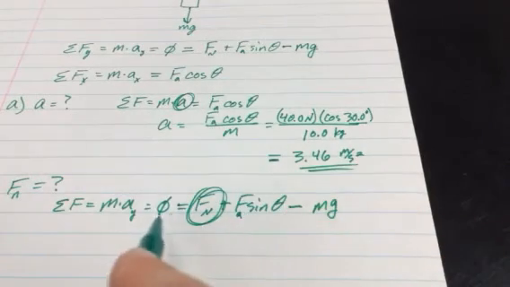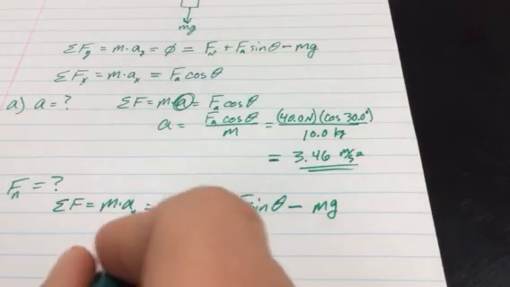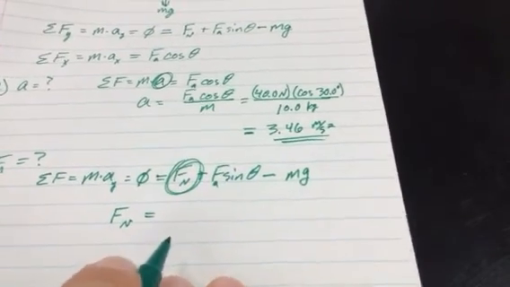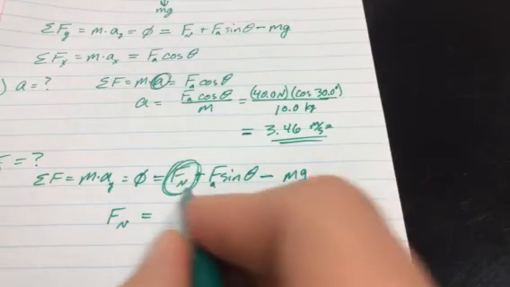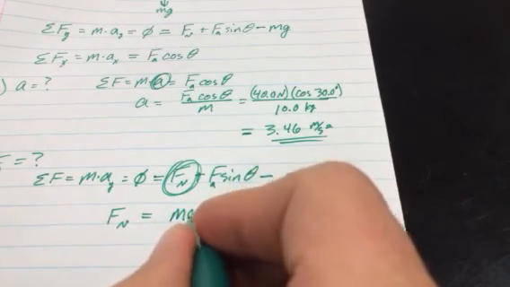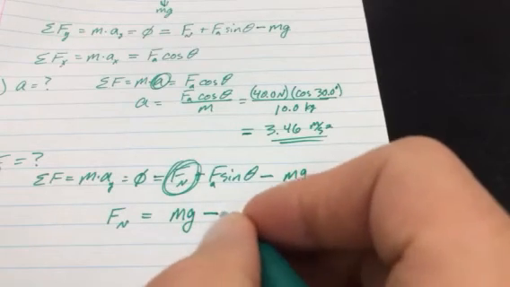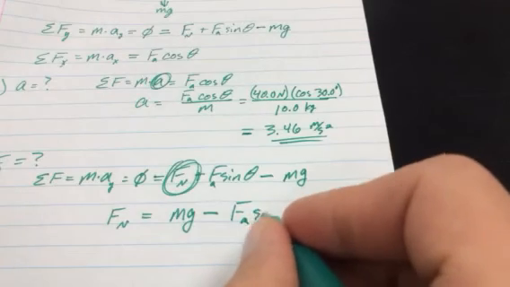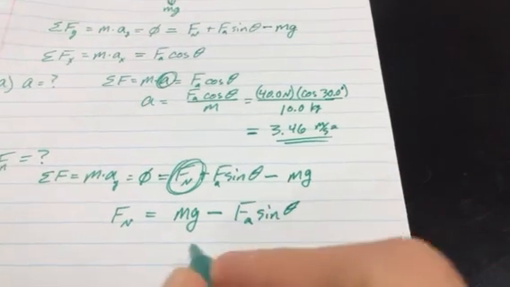So now I've got my equation listed. It's time to solve. So I get that over on the left. Do a little bit of algebra. So let's see. I'm going to have to add that and then subtract the applied force in that direction.